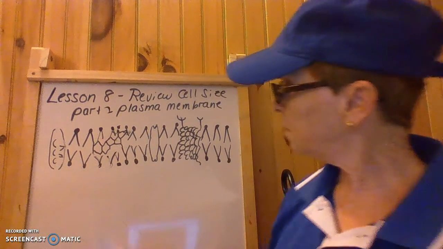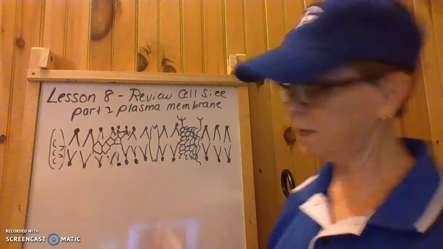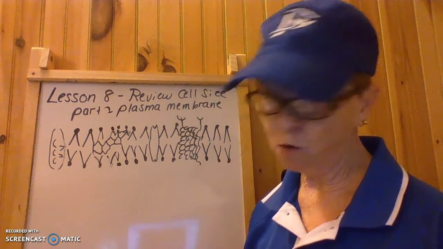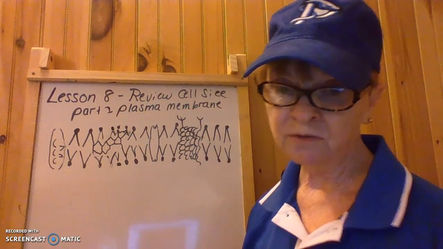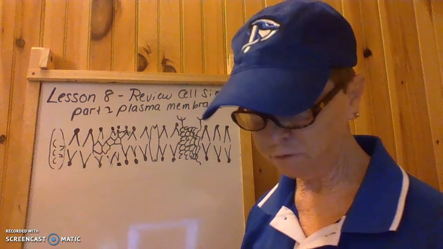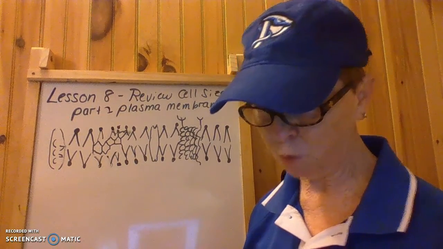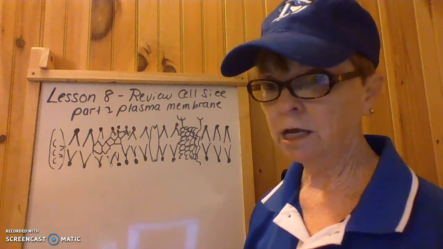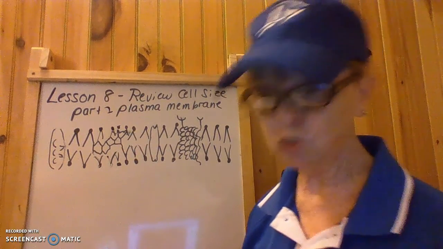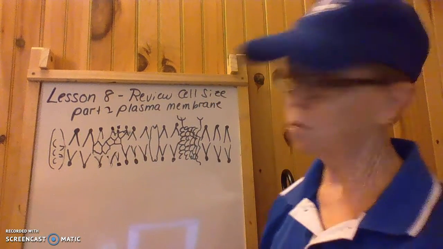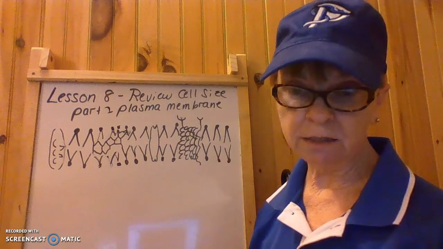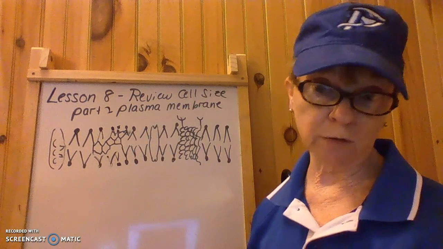And they allow things in and out based off of the polarity of the material. So materials can be hydrophilic or hydrophobic, and they can be polar or non-polar. And they could be polar charged or polar uncharged. So review what polarity means. It's in your textbook. It talks about water is polar.